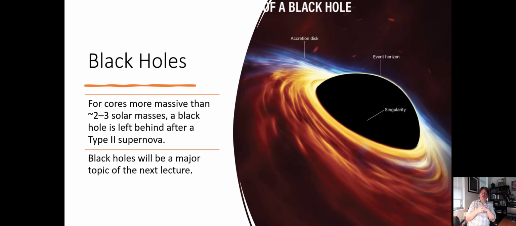Like I said, we'll get into the black hole subject in the next lecture, but ultimately the event horizon is the point of no return. If you are closer to the singularity than the event horizon, you will not escape, assuming you actually survive the tidal forces at that point. Once you get inside the event horizon, nothing can escape, not even light.